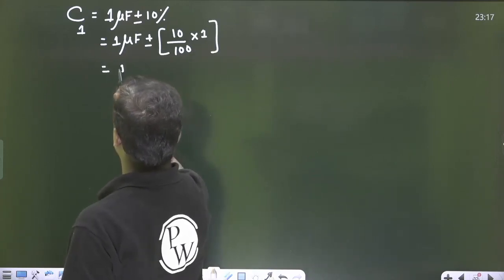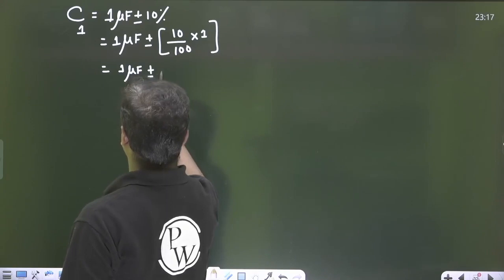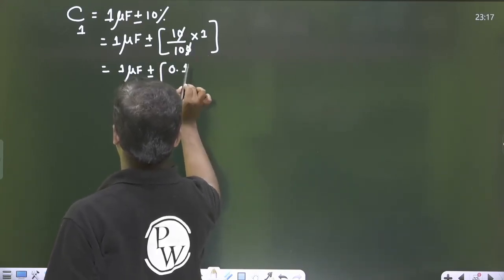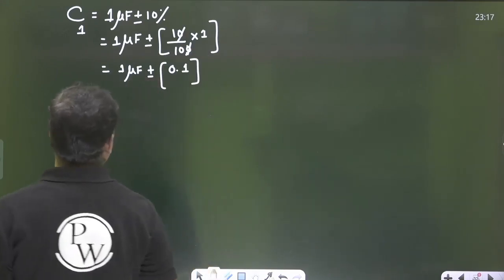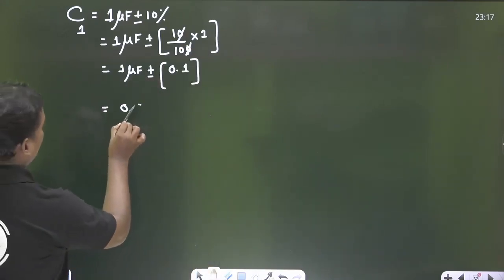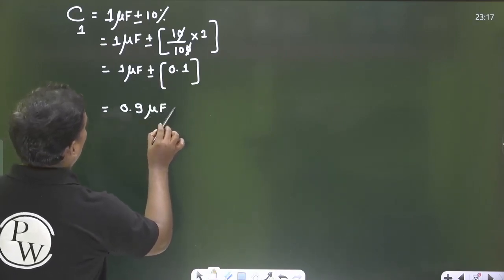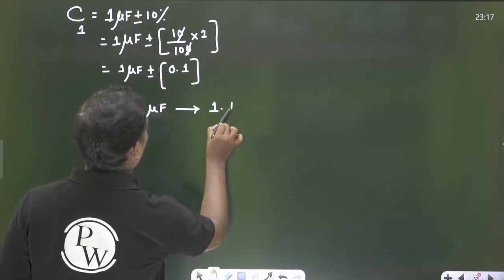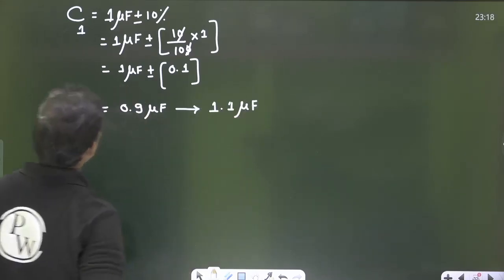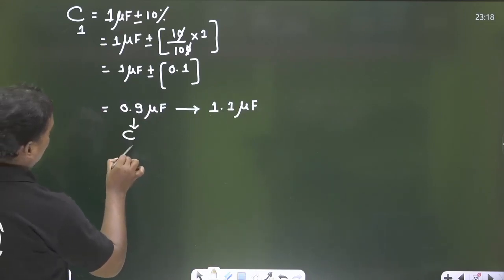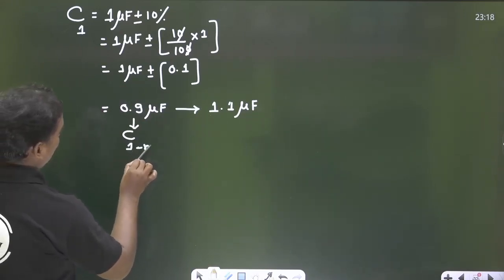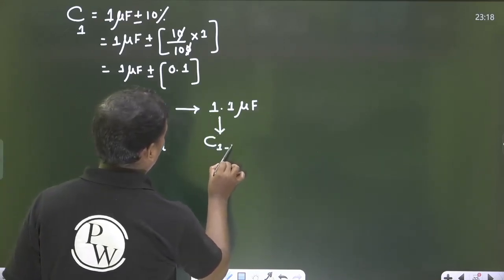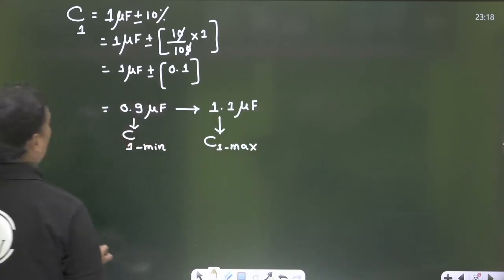That means 1 microfarad plus or minus 0.1, so the minimum is 0.9 microfarad to 1.1 microfarad. So this is the C1 minimum and this is the C1 maximum.